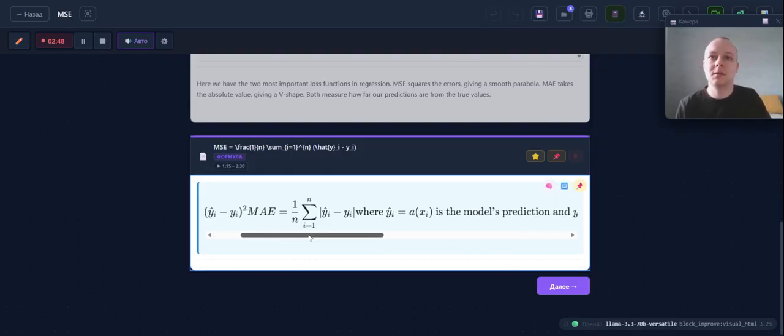MAE is mostly the same, but instead of squaring our loss function right here, we take the absolute value, and that's it.